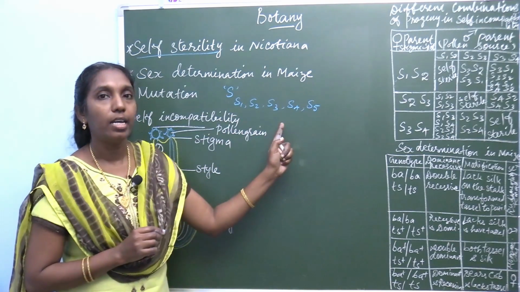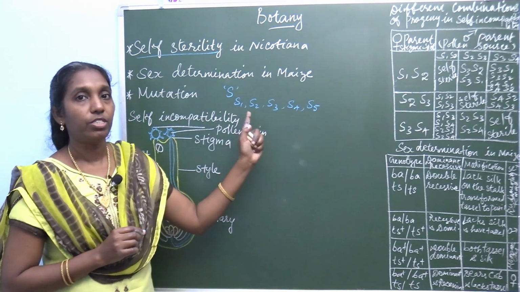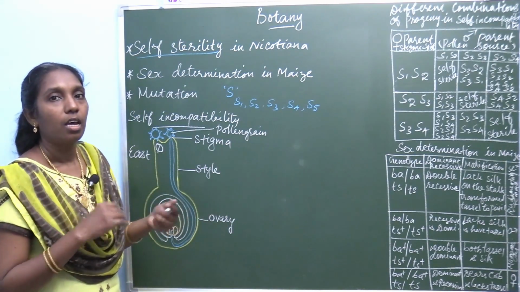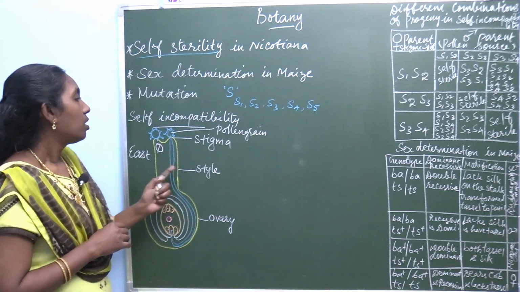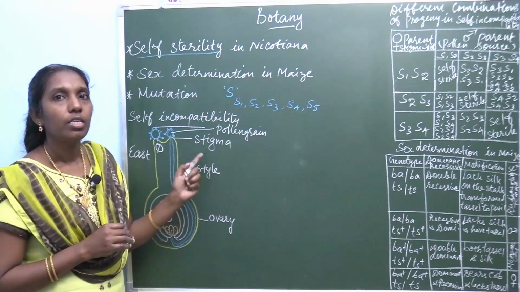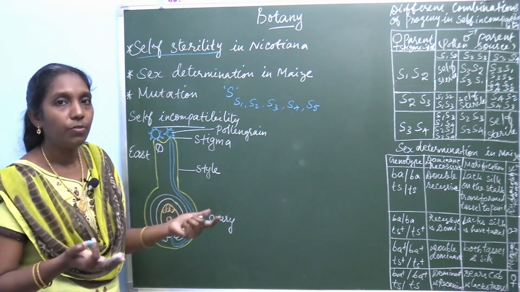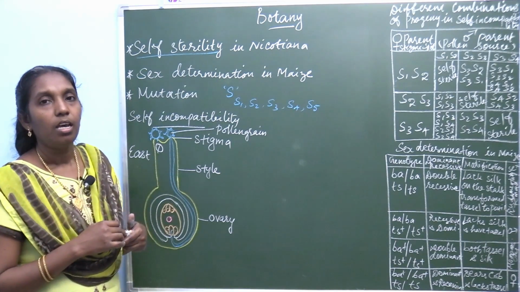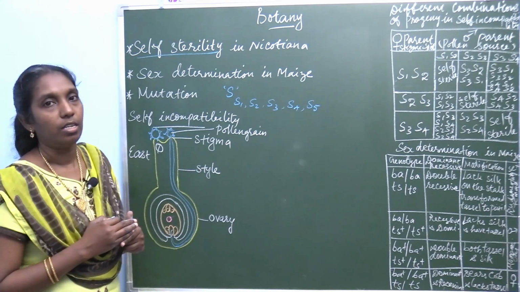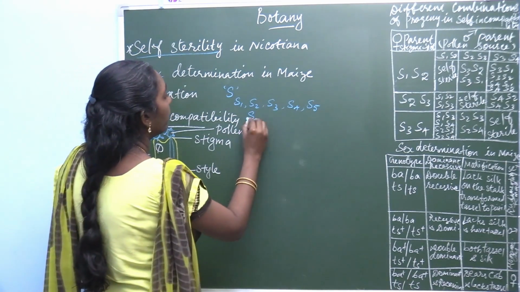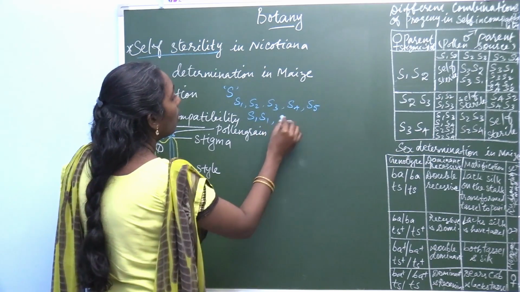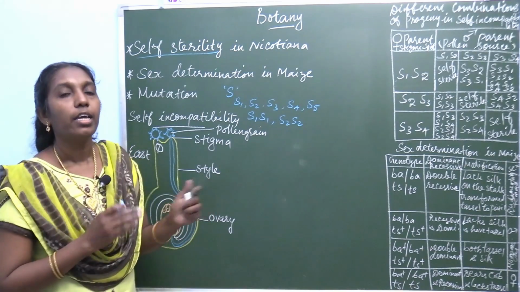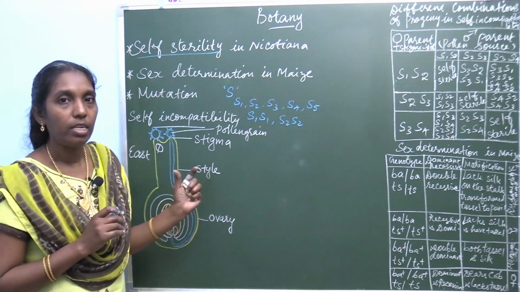In a cross fertilization with different combinations, if it is a homozygous condition, what is meant by homozygous? A combination with S1 S1 or S2 S2. In the homozygous condition, it does not produce the pollen tube.